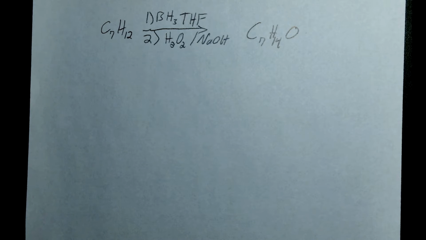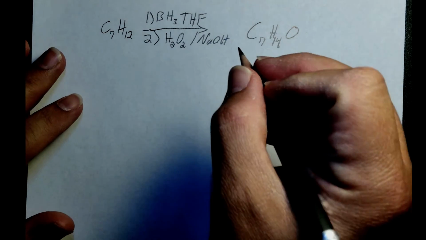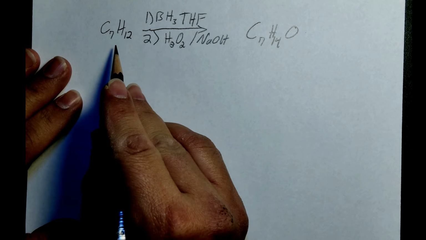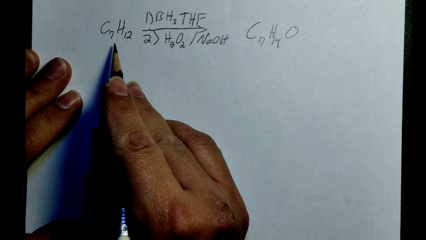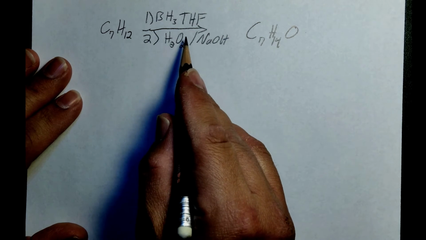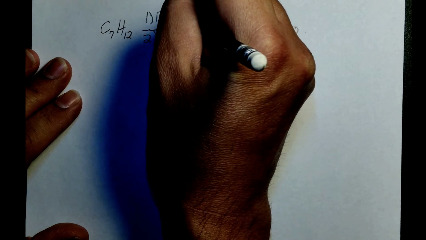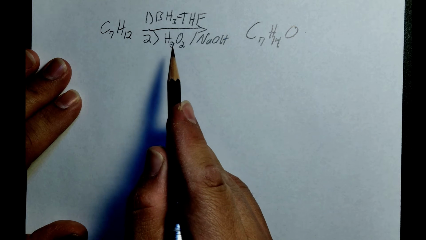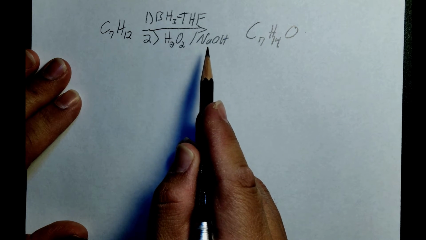So first of all, when we look at the example on DEPT, there's some additional non-spectroscopy information that's been provided, and that is the chemical reaction being used here. We have an unknown compound, C7H12, that is undergoing a reaction with this borane, BH3THF, and this peroxide with NaOH.